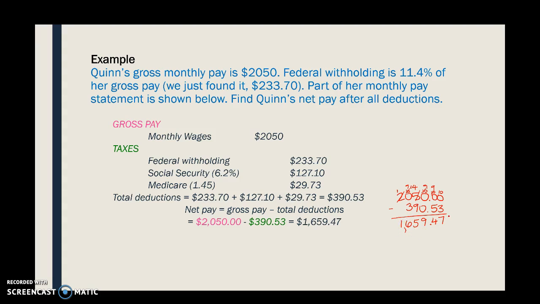So our total, our net pay is $1,659.47. So all it is, is finding the total of her deductions and then subtracting that from her gross monthly pay to find her net pay.